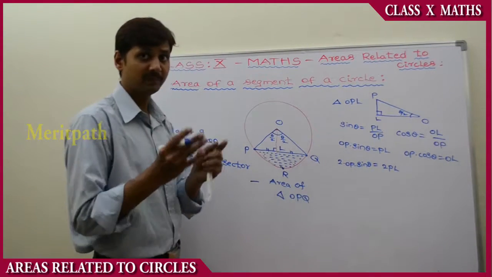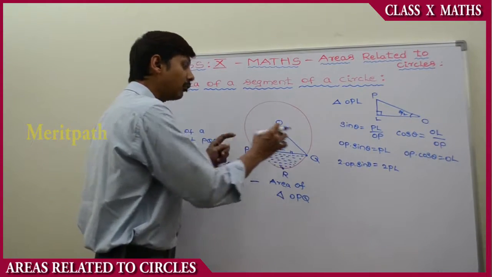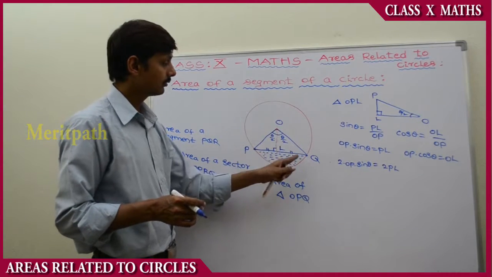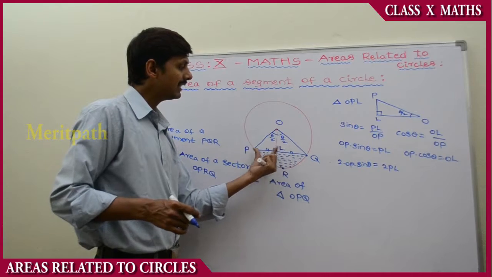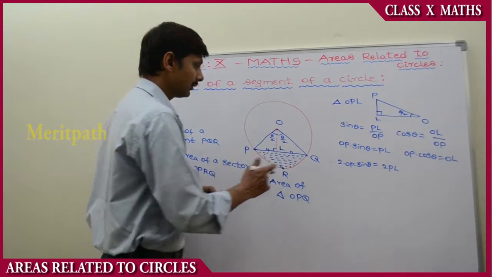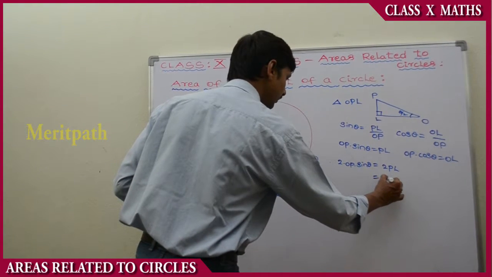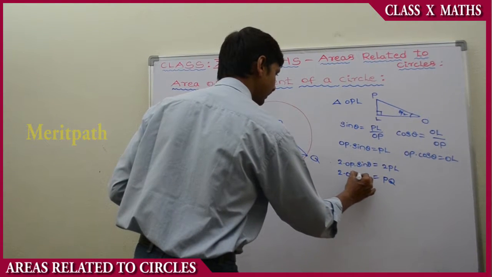The reason we take 2 times is that we need to find PQ. We multiply 2 on both sides. So 2PL is PQ because these two parts are equal, and 2 into OP sin theta.